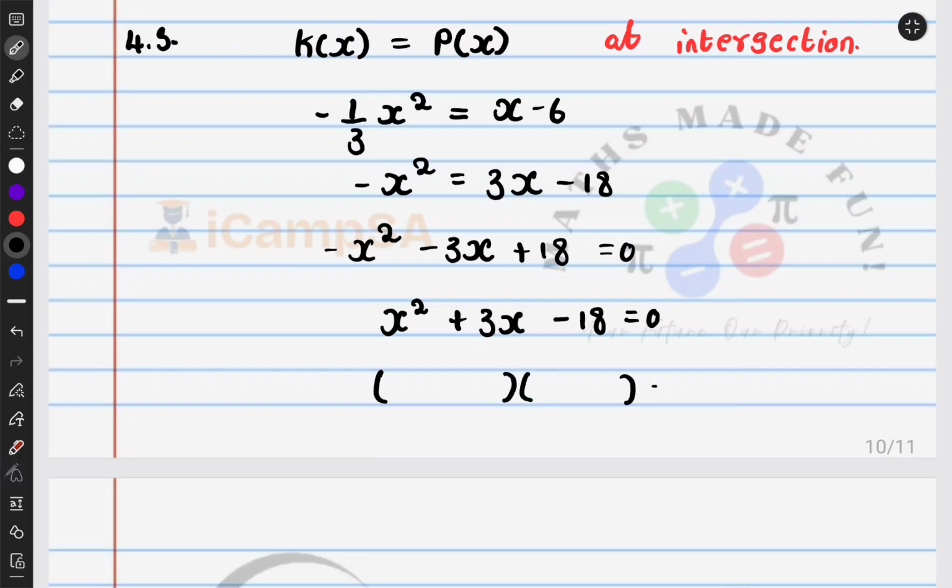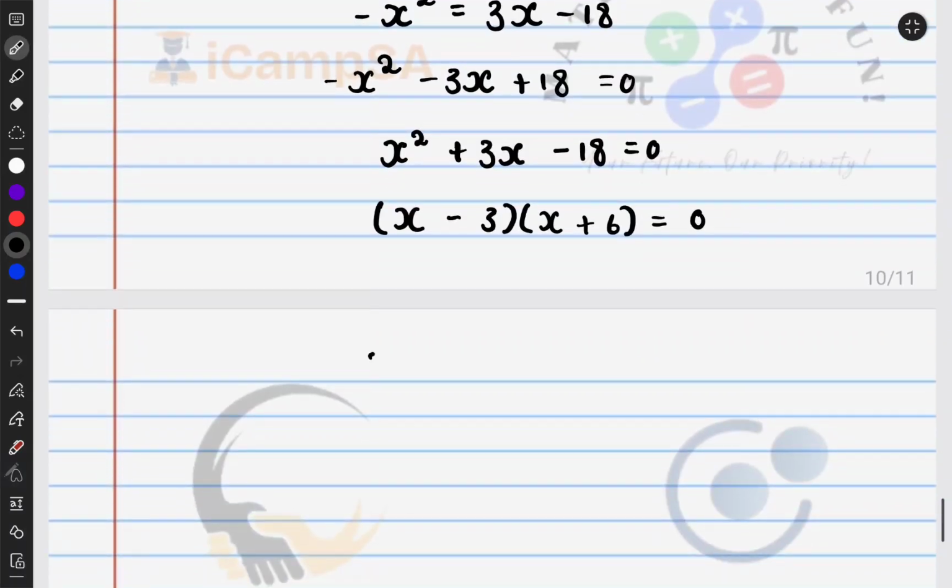Let's factorize. We're going to have x and x here. Factors of 18 that, when we add or subtract, give us 3 will be 6 and 3, and we are looking for a positive 3, therefore we put a positive 6, which will make x equal to 3 or x equal to negative 6.